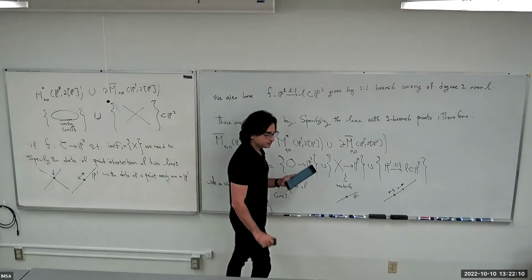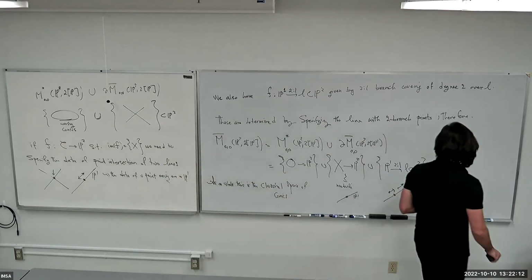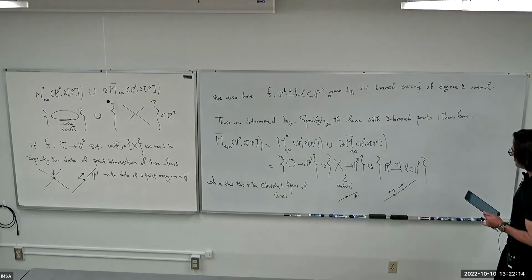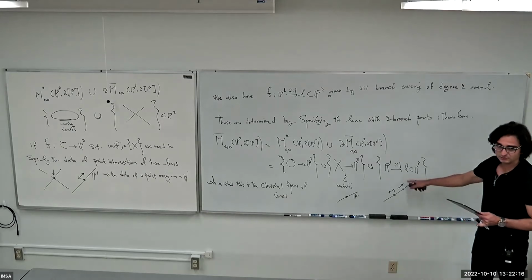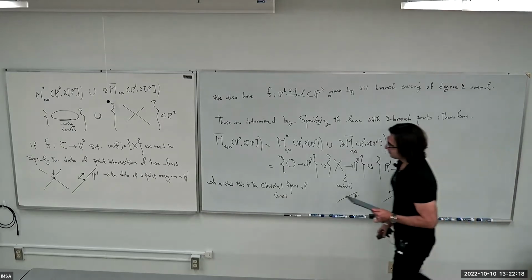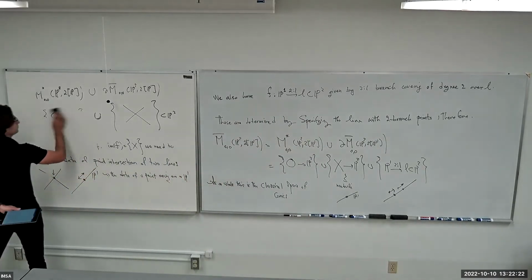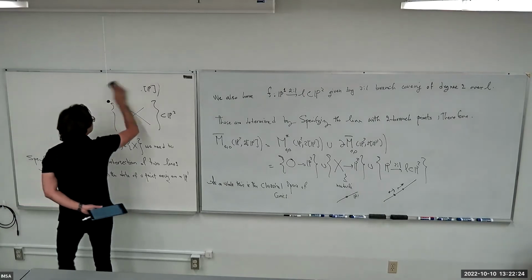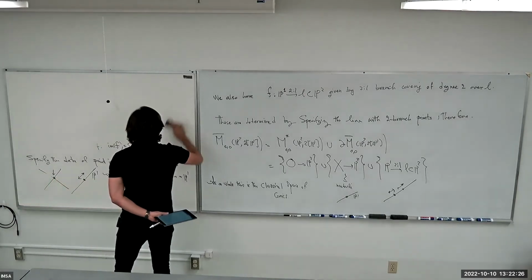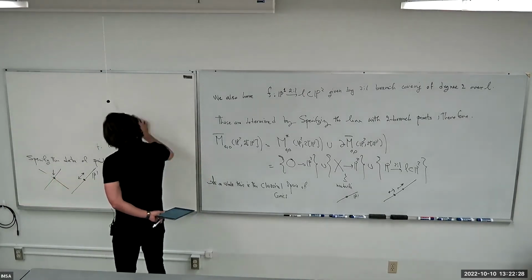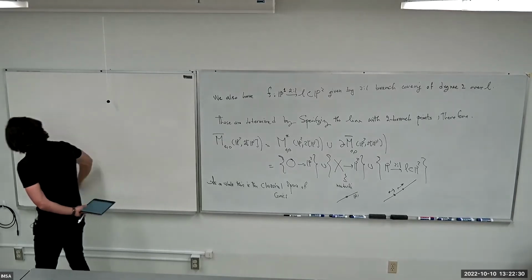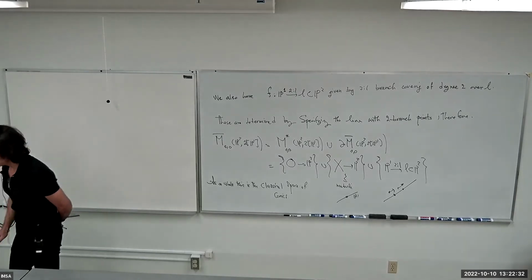Okay, so this is the end of that example, the last part of that example, which we missed out because I didn't have time. All right, so this was an example. Now let us continue.